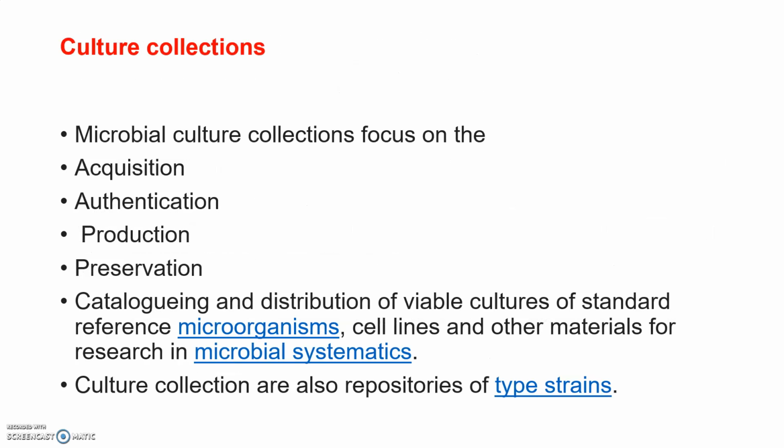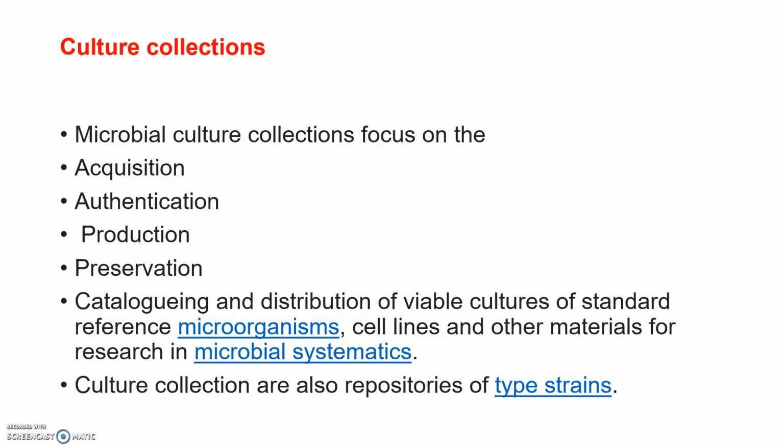Next is about culture collections. The microbial culture collections may focus on acquisition, authentication, production, preservation. For example, when we are keeping this E. coli, the culture collection of E. coli helps us, using that strain, to identify most of the characters.